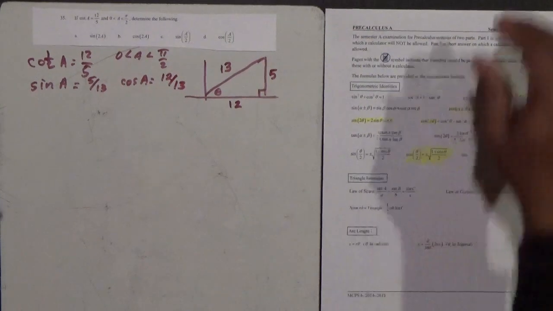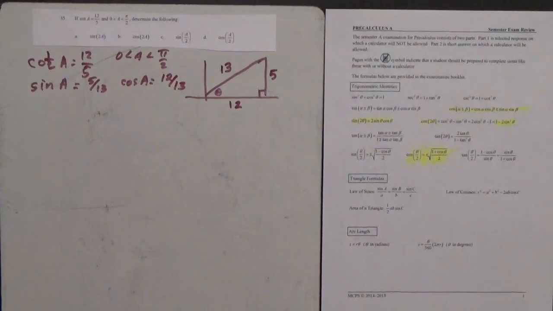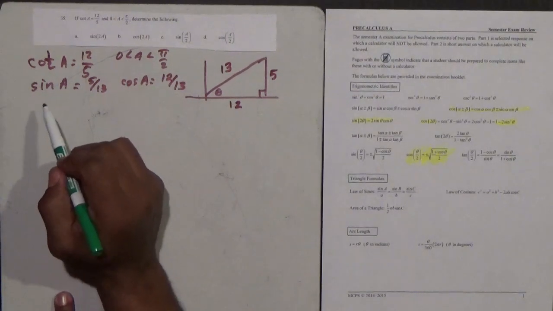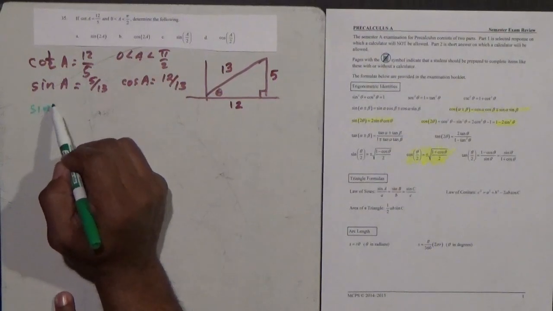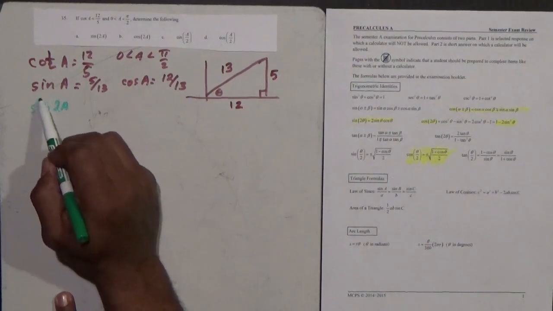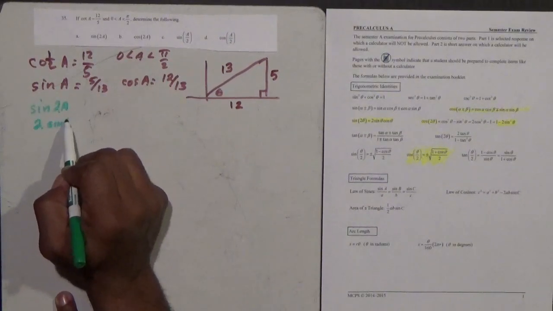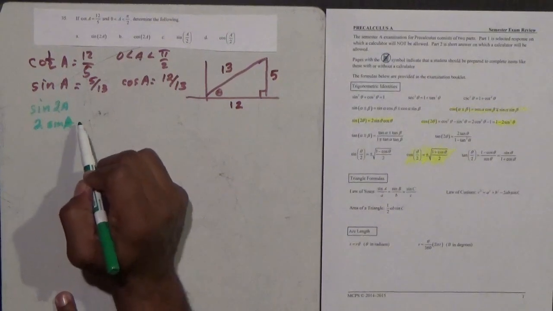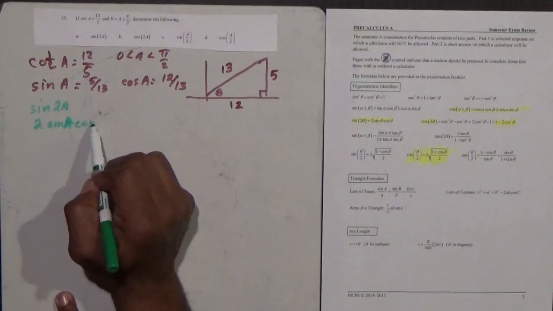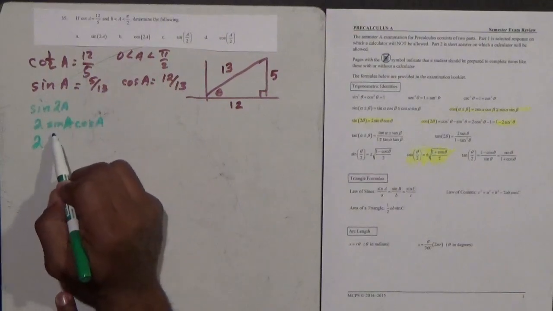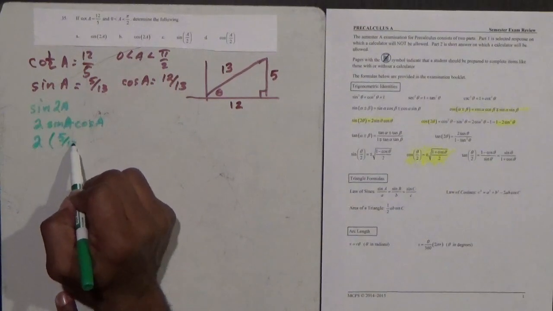Alright, ready to knock out these problems. Let's see. Change color again. These things are getting dull. Alright, A, we're finding sine 2A. So sine 2A is going to be 2 sine A cosine A. So we're going to go 2, what is sine A? 5/13.